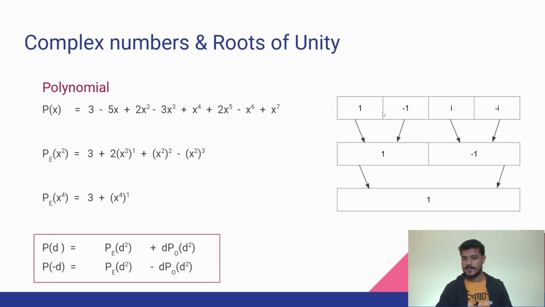So the square of 1 and minus 1 is 1, or you can work it backwards, the square root of 1 is 1 and minus 1. Similarly, the square of i is minus 1, the square of minus i is again minus 1, or basically the square root of minus 1 is i and minus i.